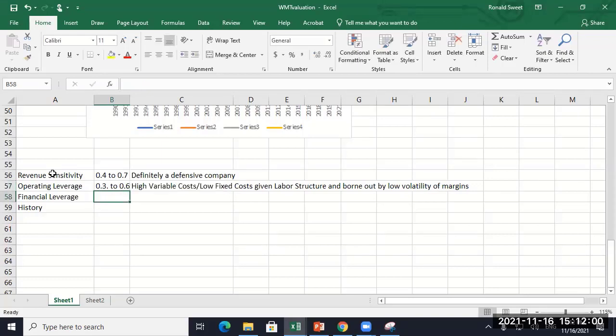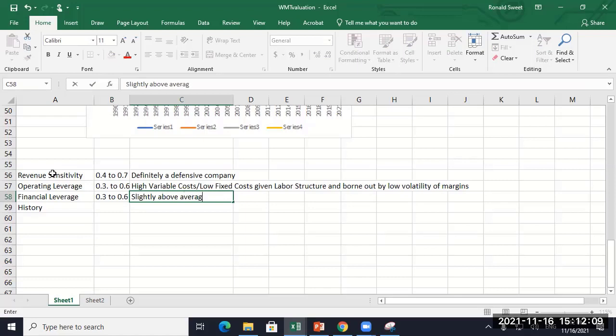Financial leverage, slightly above average, but not materially so. And in history, 0.1 to 0.5, very low betas last several years, something like that.